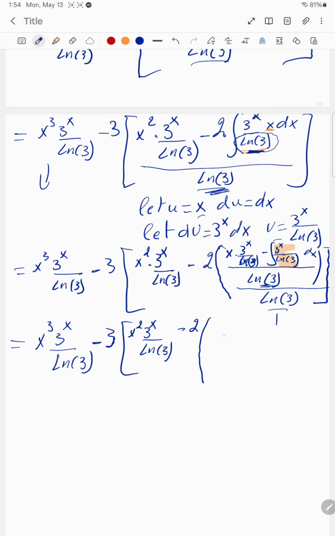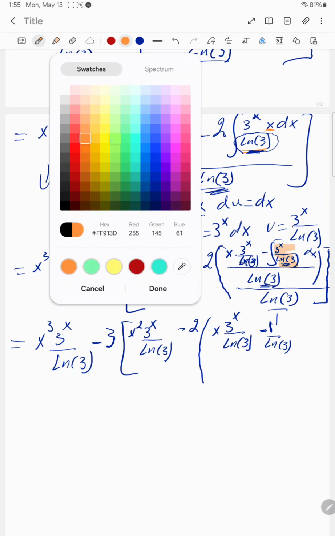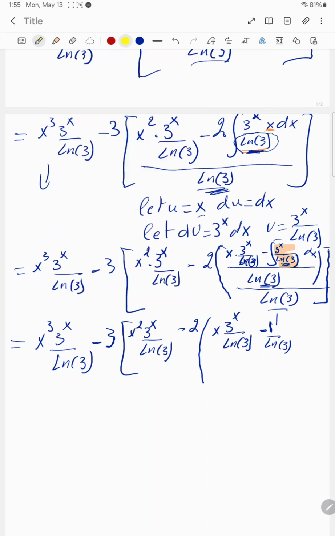Let's do it in one shot. So it is x 3 to the power of x divided by ln of 3 minus 1 divided by ln of 3, because I can take the ln of 3 outside my integral, and the integral of 3 to the power of x is done, and the integral of this here is equal to 3 to the power of x divided by ln of 3.